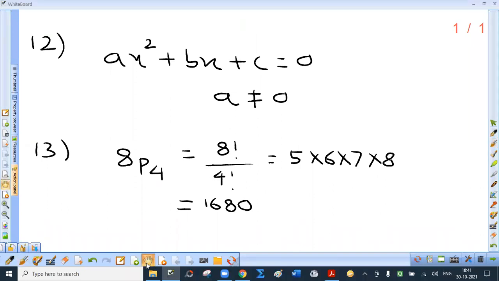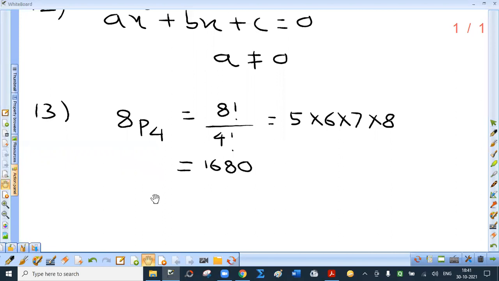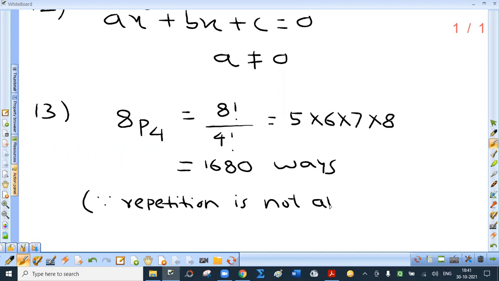See on the screen, 8P4 equal to 1680 ways. See, why not 10P4? Because repetition is not allowed.